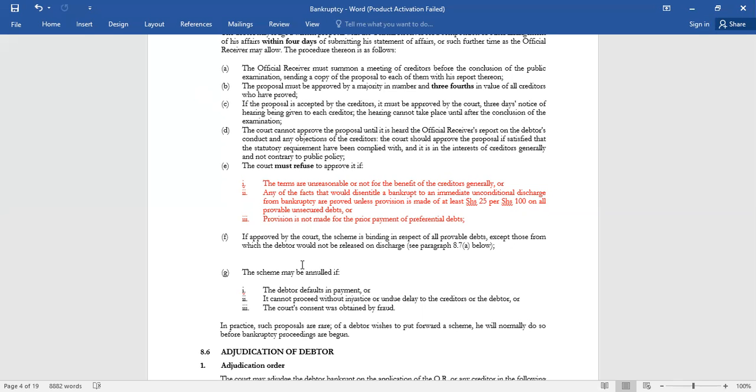Or the court's consent was obtained by fraud. No, especially when we are heading to the elections. There are a lot of scandals that are declared. So Mheshimiwa so and so did not graduate, Mheshimiwa so and so. So there is a lot of maligning.